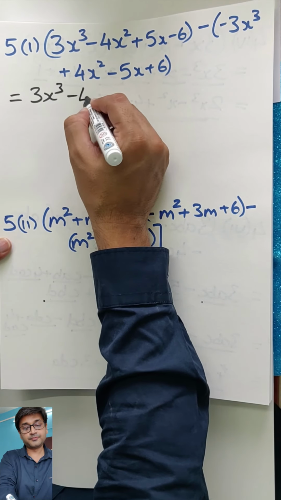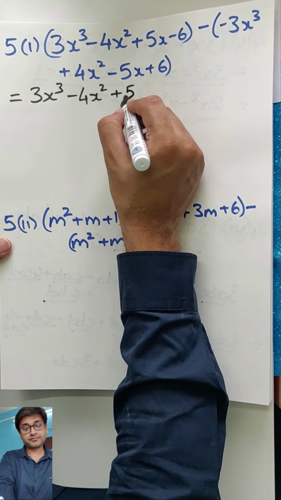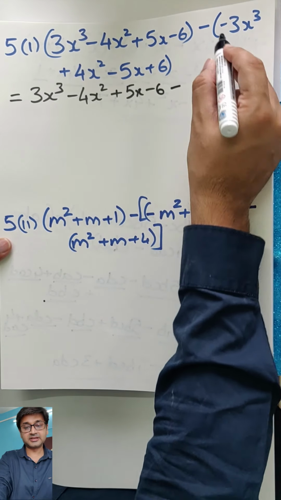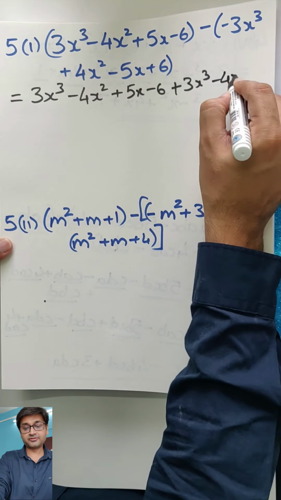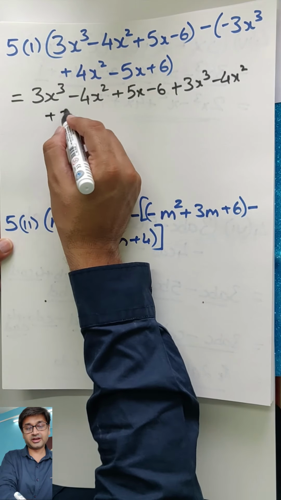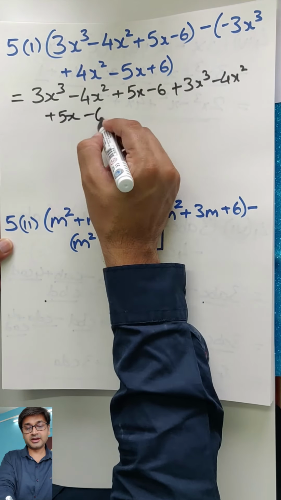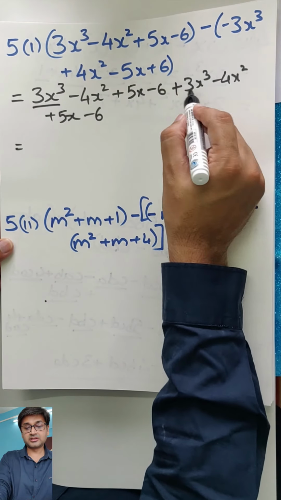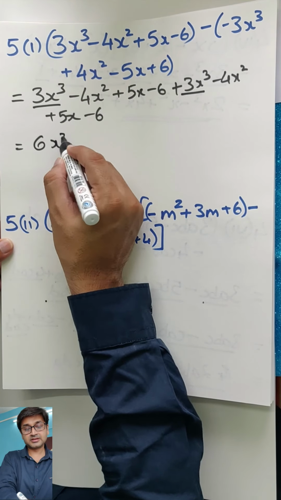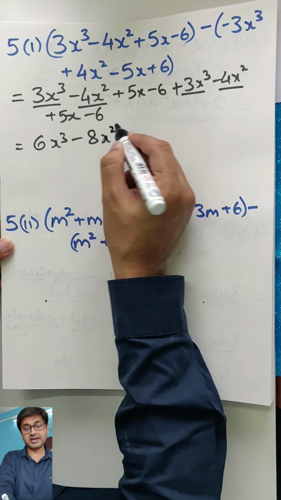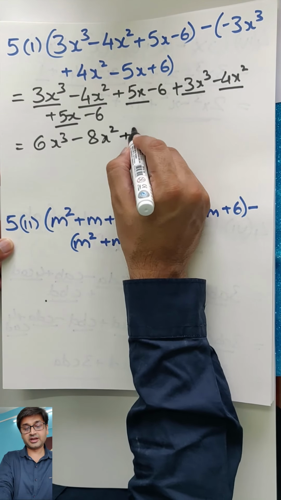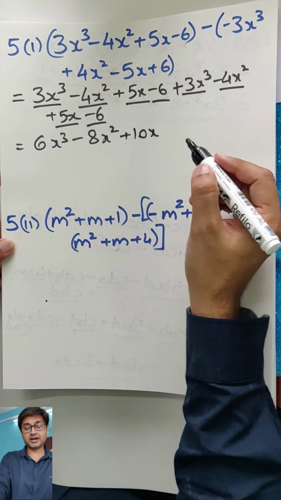So 3x³, 4x², 5x minus 6, minus, plus 3x³, minus 4x², plus 5x, plus into minus 6. So 3x³, 6x³, minus 4, minus 8, plus 5, 10, minus 6.